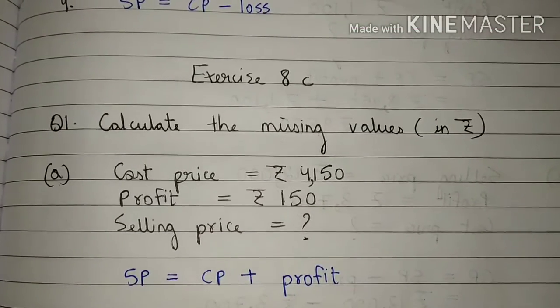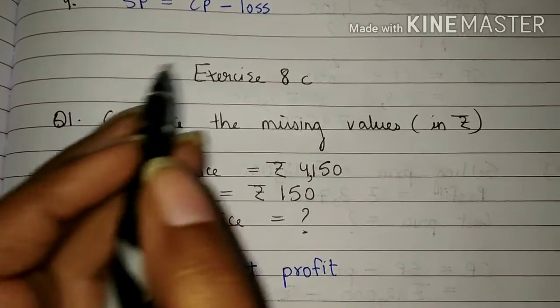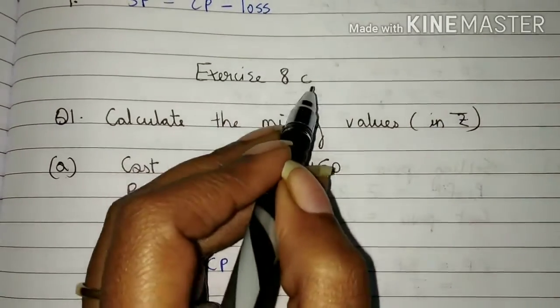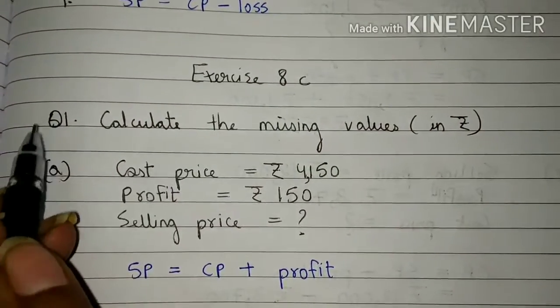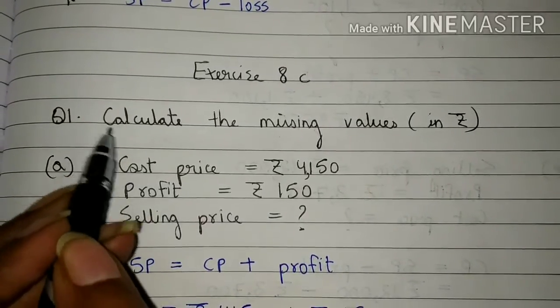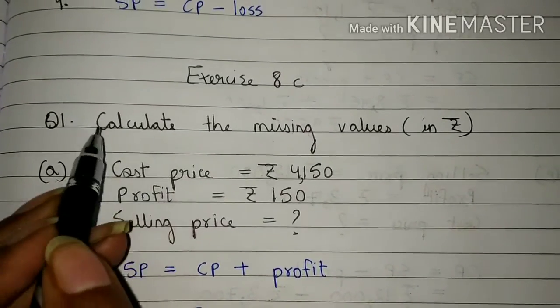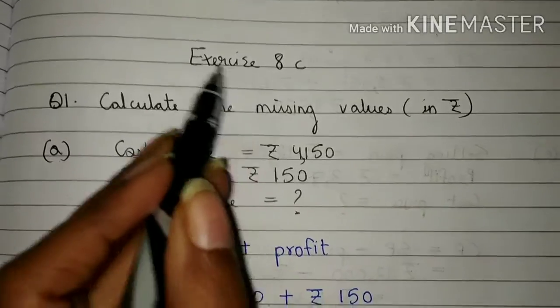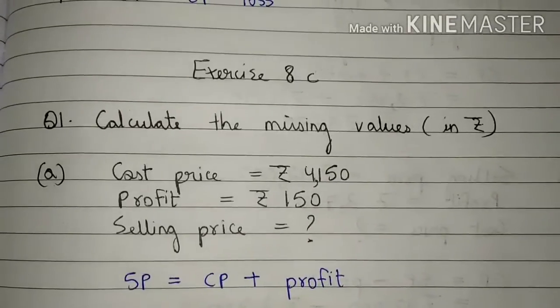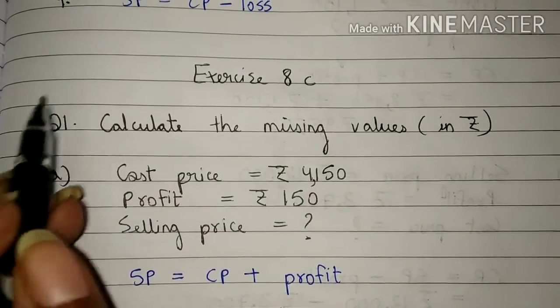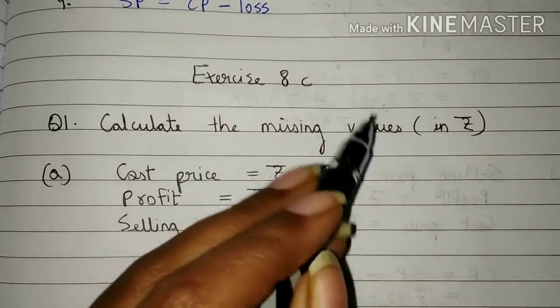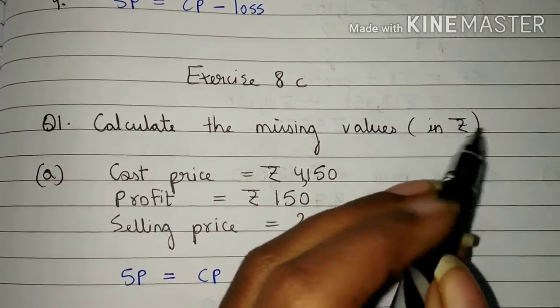Now we will study question number 1 of exercise 8C. Question number 1 is given in the form of a table in your book, but you have to do it in this way in your copy. Question number 1, calculate the missing values in rupees.